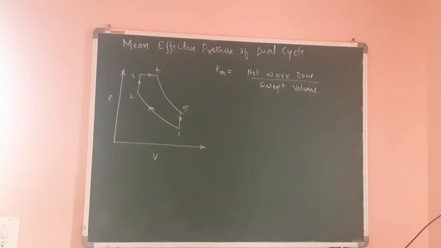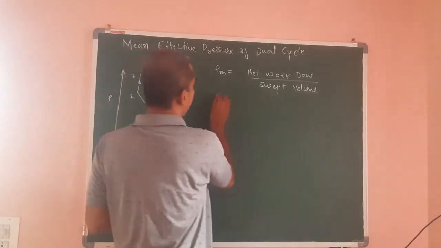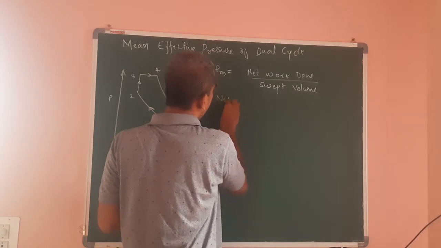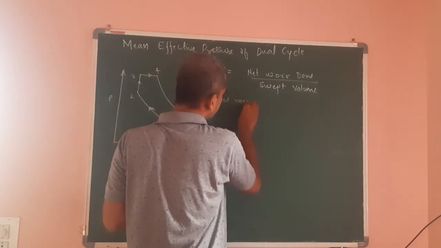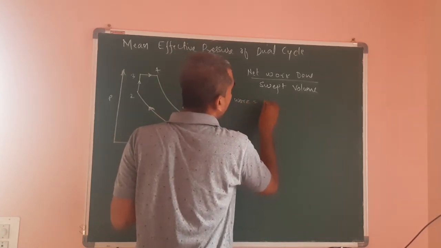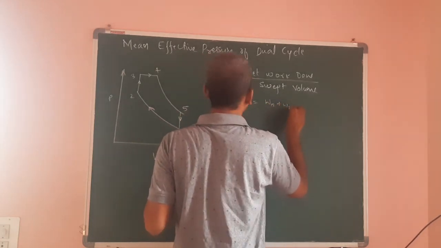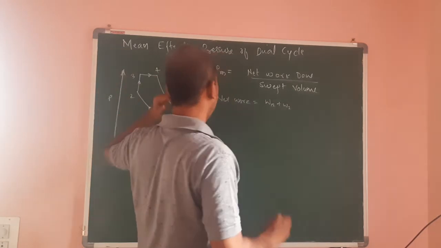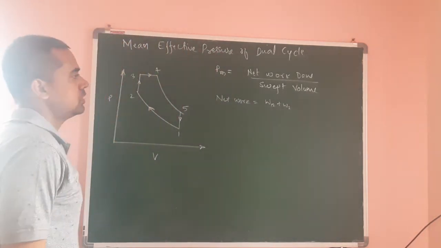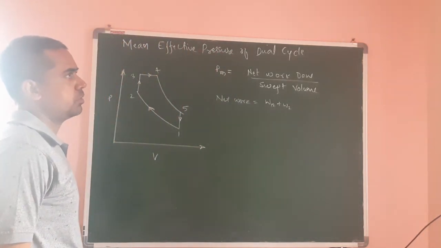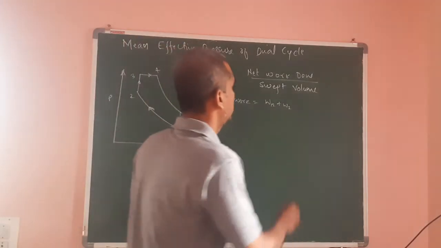Net work done, we will calculate W net, is equal to W1 to 2 plus W2 to 3. Actually W2 to 3 is a constant volume process, therefore work done in the constant volume process is 0. Therefore W2 to 3 is equal to 0.